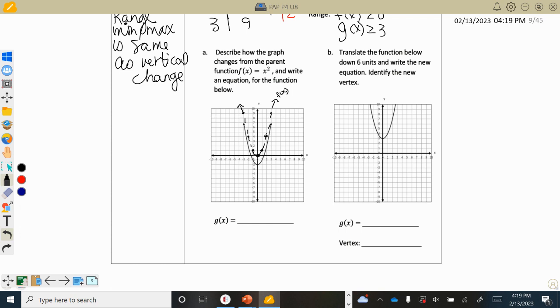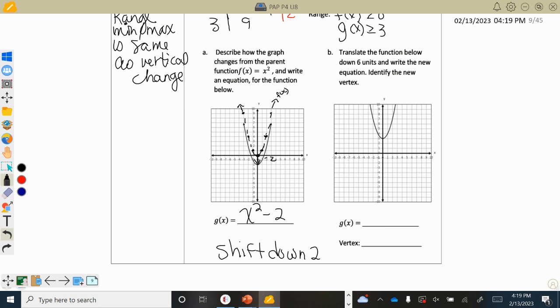All right. So from my parent function, it actually dropped down 2 units. So we want to say that it shifted down 2 units. Now my new equation, because it's the parabola, is x squared, and then we went down 2, so minus 2.